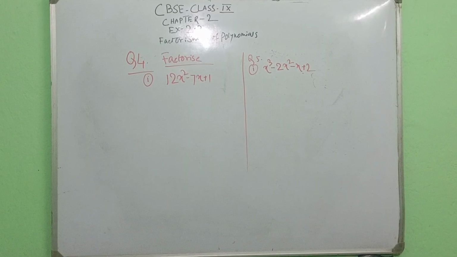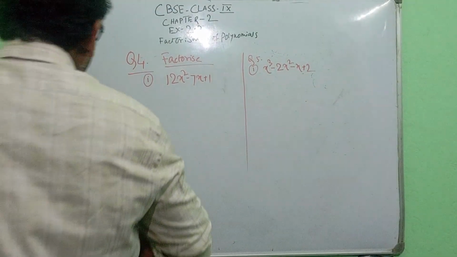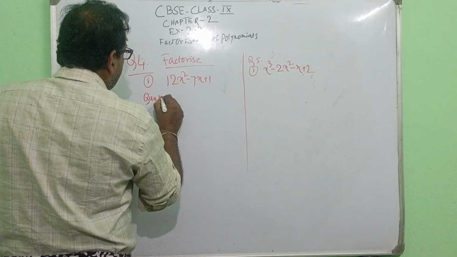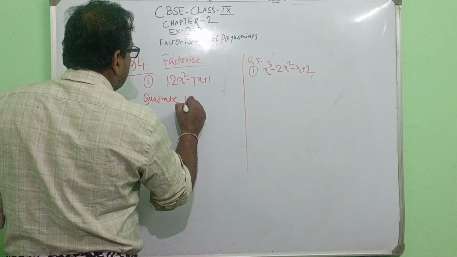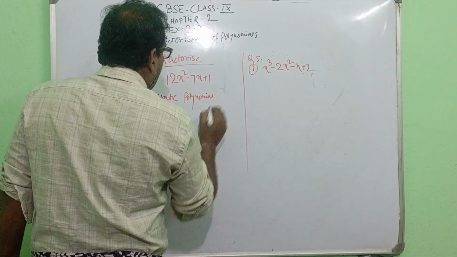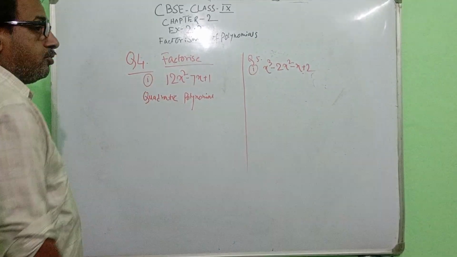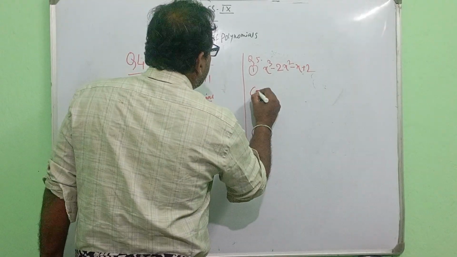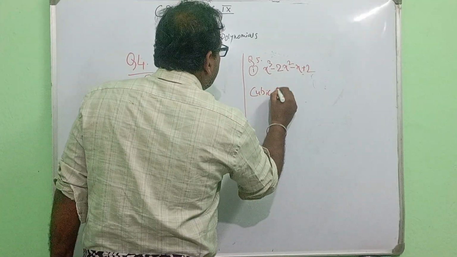Very importantly note that this is a quadratic polynomial and this is a cubic polynomial. How to identify which process you have to follow depends on this.